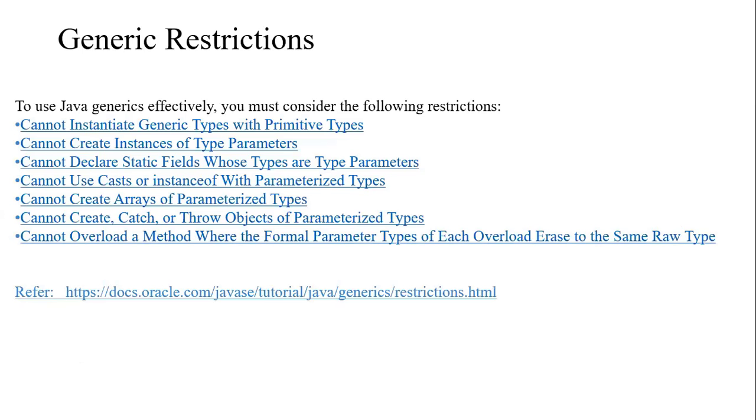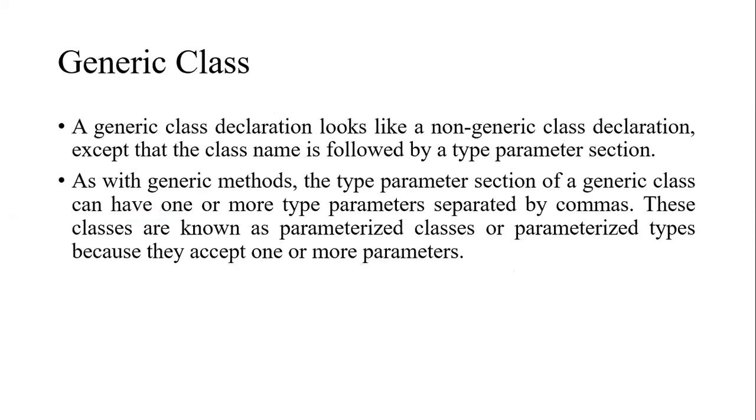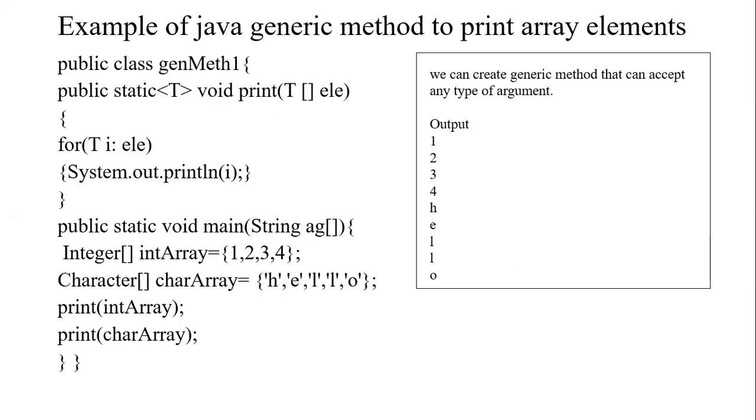Examples are there. If you have any questions with respect to generics, you can post them to me. We will discuss those things in tomorrow's first hour. Then we will start with our IO concept. Is that clear? In the morning session, I explained one lab program. Then we started something called autoboxing and unboxing. Now we have started with generics.